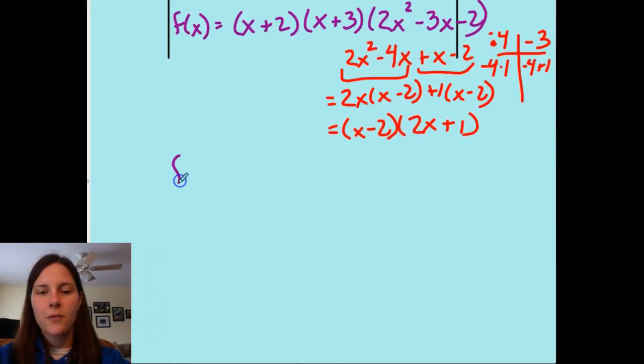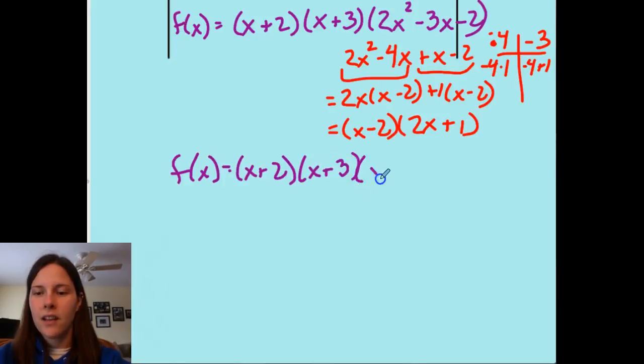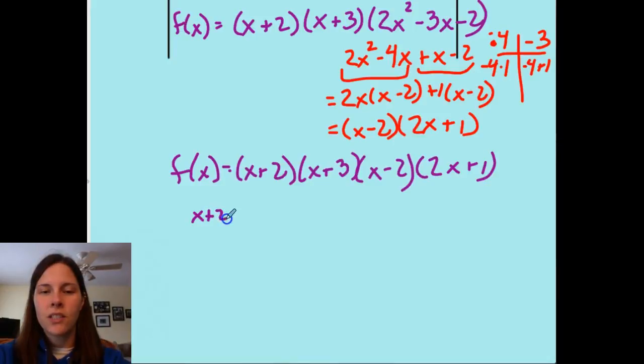Putting that back into factored form with the rest of the function, we had our x plus 2, x plus 3, x minus 2, and 2x plus 1. Setting each piece equal to 0 and solving.